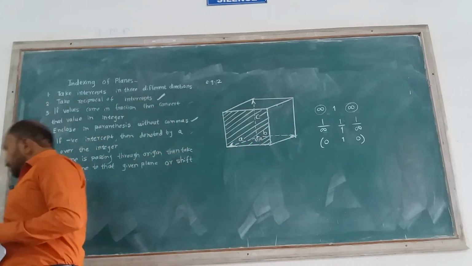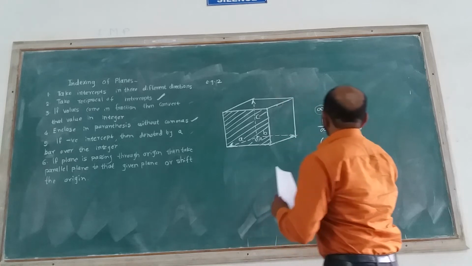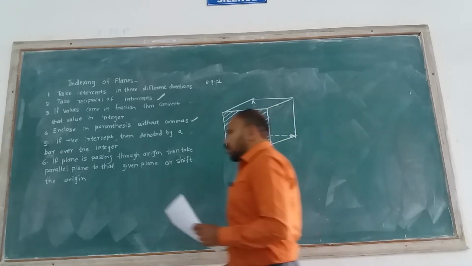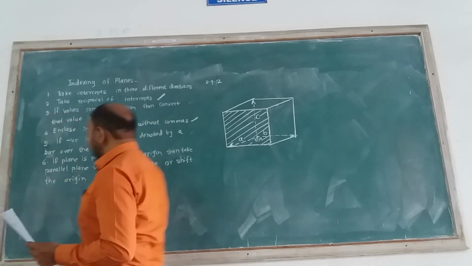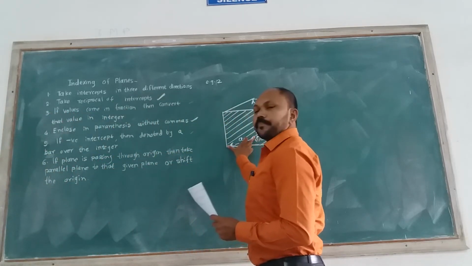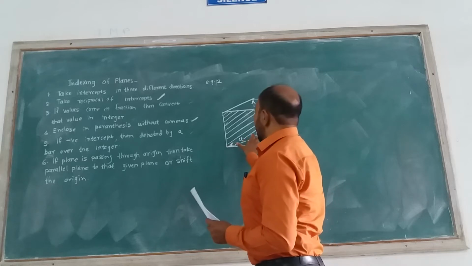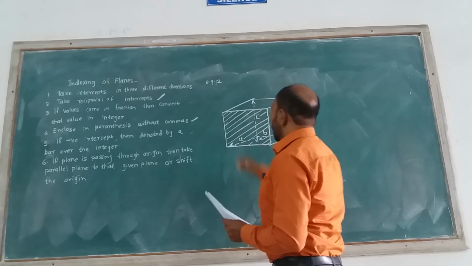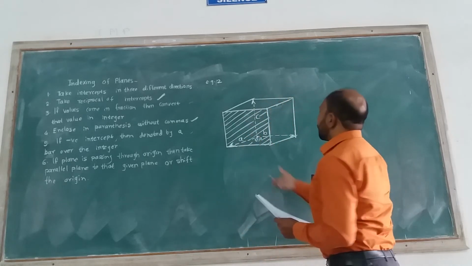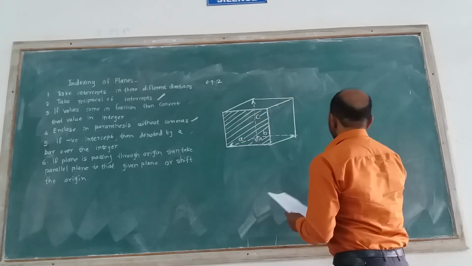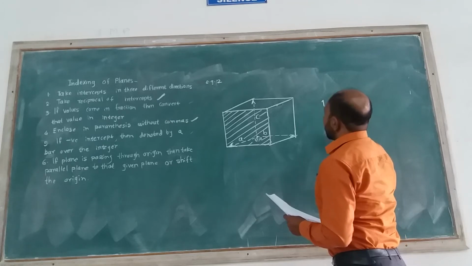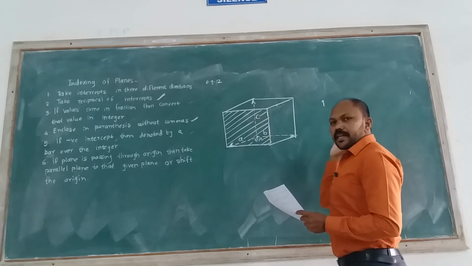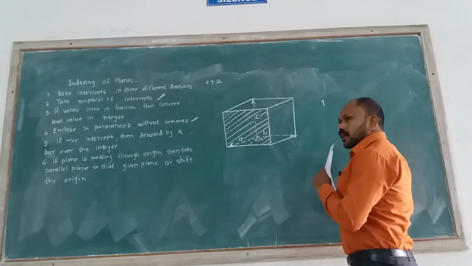Now if we consider this plane and want to find the intercept for it, if we consider the a direction, this distance is required for the representation of this plane. If we consider this distance as unit distance, the value becomes 1. If we consider the b distance, this b direction is parallel to this plane, so we consider it to intersect at infinity.